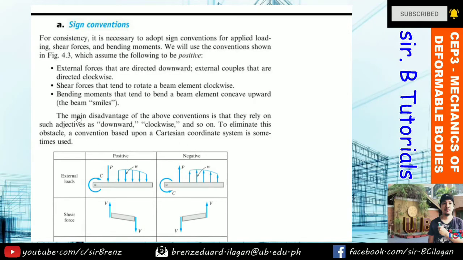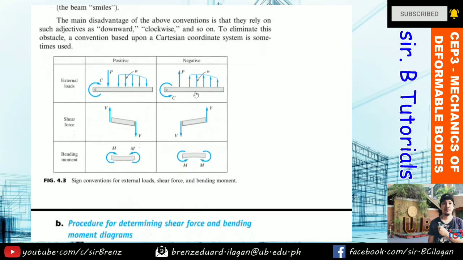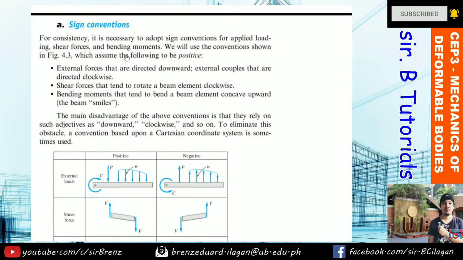Okay. So, sign conventions. For consistency, it is necessary to adopt a sign convention for applied loading, shear forces, and bending moment. We will use the convention shown in Figure 4.3, this table, which assumes the following to be positive.